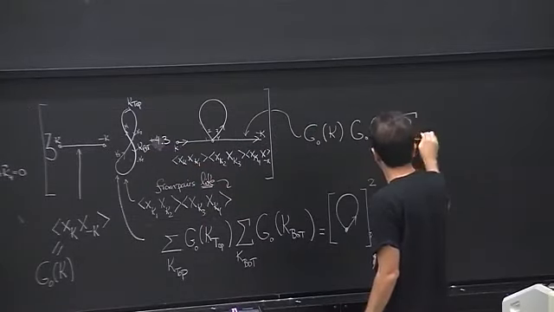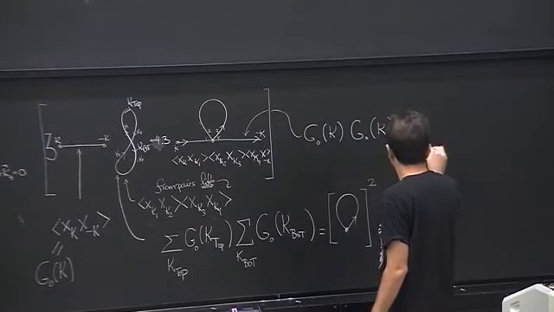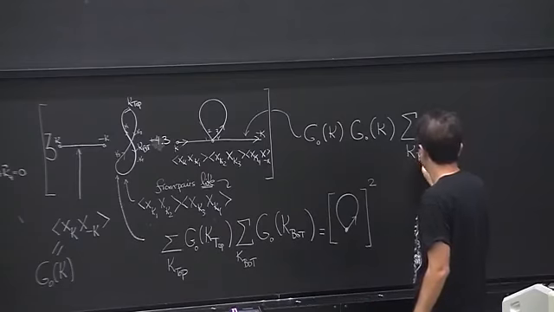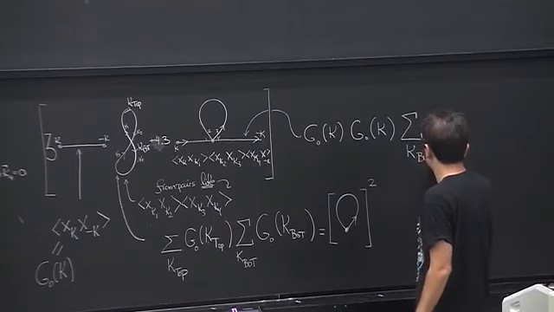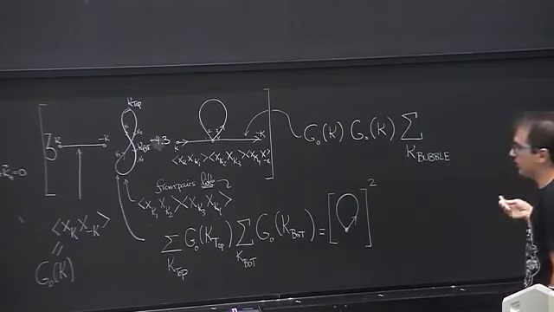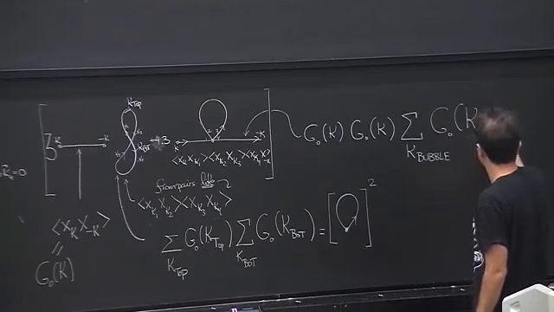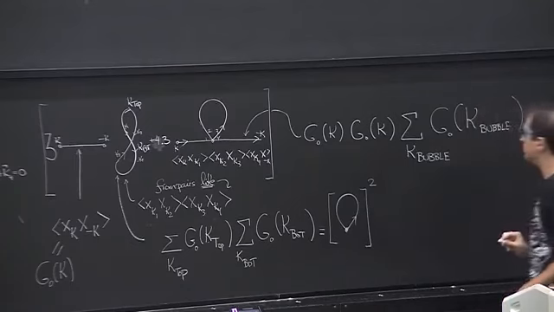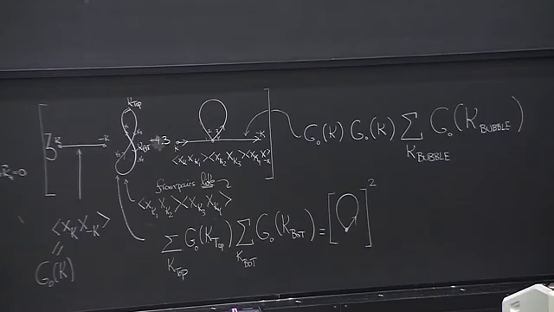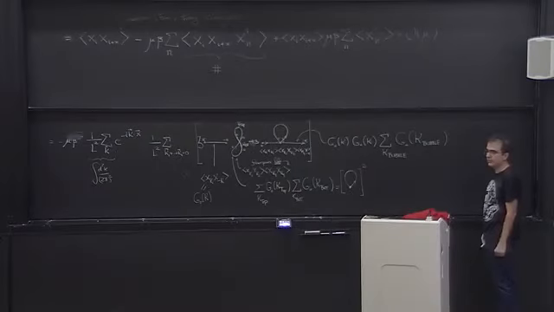So the summation over the momentum on this bubble, let's call it a bubble. Just names, because we are summing over it, it doesn't matter. The propagator of this k of this bubble. And that would be the expression that we would associate to this graph.